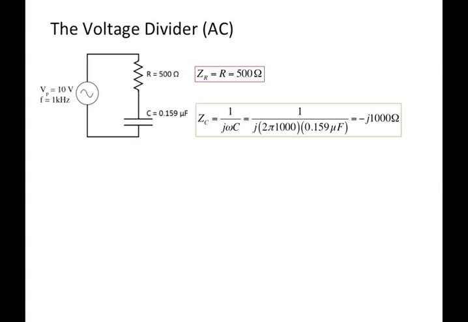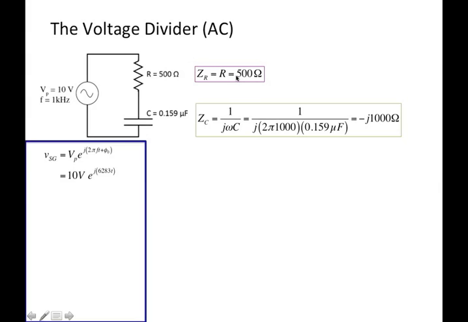It depends on the frequency, and so that's 1 kilohertz. So we find the angular frequency is 2 pi times the frequency, and then times the capacitance, and then 1 over. So if you do all that math, you end up getting that the impedance of the capacitor is minus j 1000 ohms. And so essentially the impedance of the capacitor in this example is twice that of the resistor.